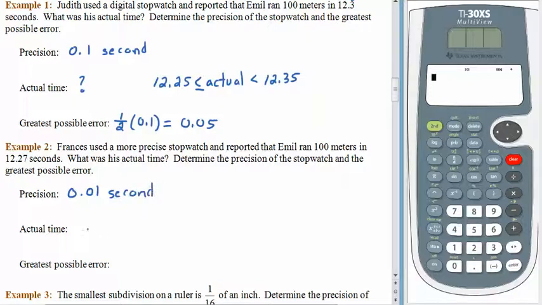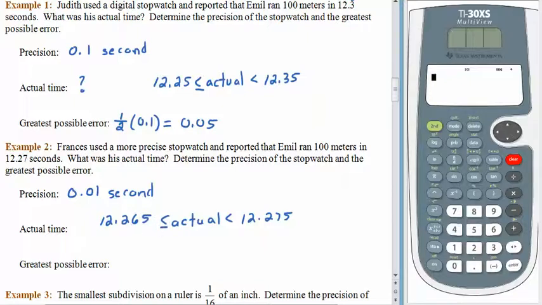And this means that she has figured out the actual time is something that rounds to 12.27. 12.275, if we were just a little bit below that, would round to 12.27, and 12.265 would round up to 12.27.